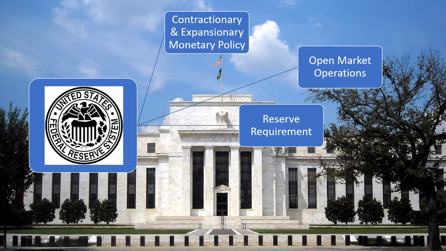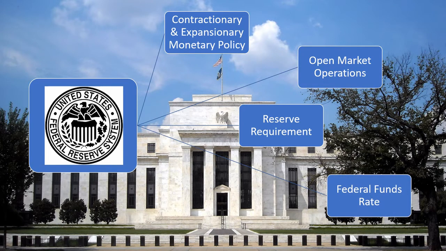Now, in order to meet the reserve requirement all of the time, sometimes banks have to borrow money from other banks. And the Federal Reserve sets the interest rate that happens at. So if they put the interest rate up really high, then banks aren't going to be as willing to lend out money to get close to that reserve.